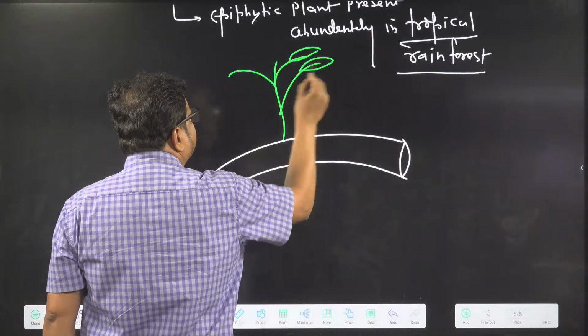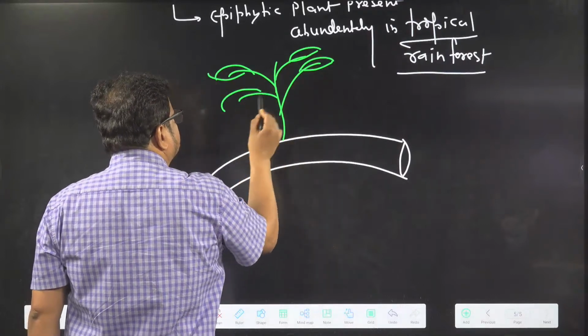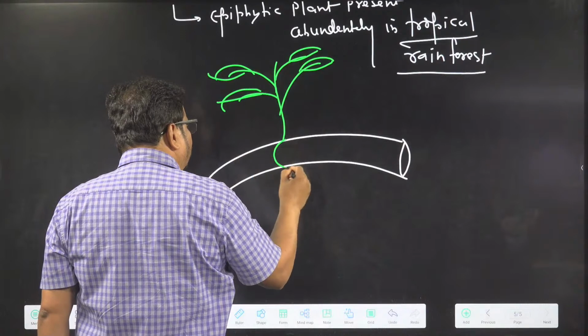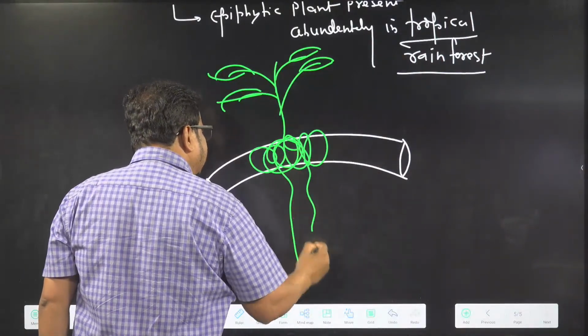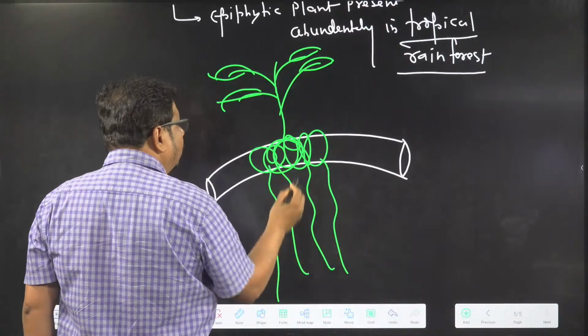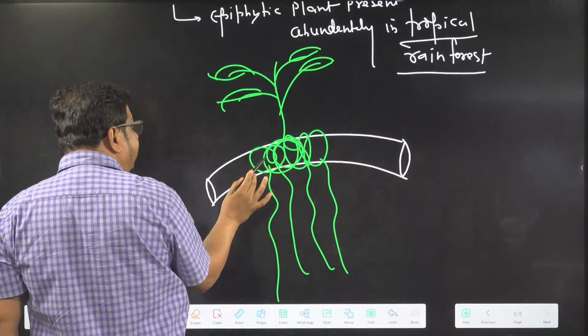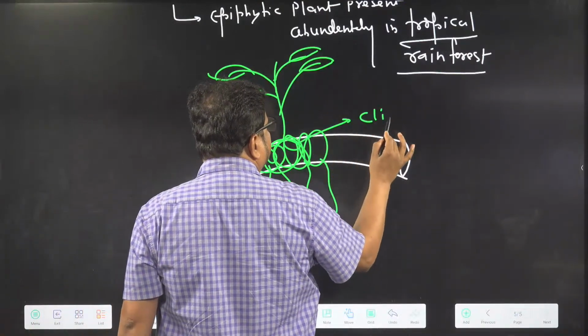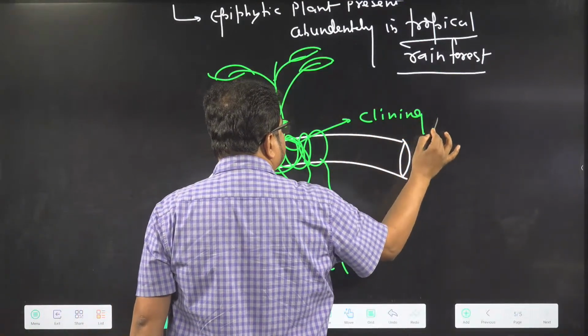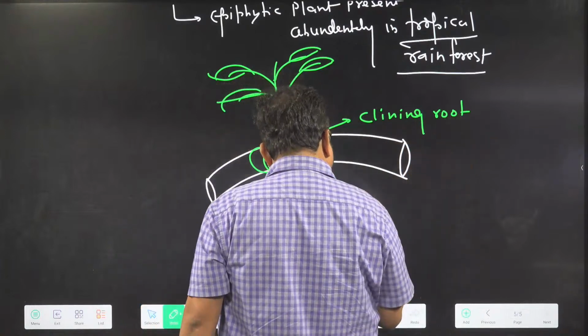This is the leaf, this is the stem and this is the root. Here two types of root are there. One is hanging in the air and one is adhering the plant to the stem. This is called clinging root, and this is hanging root.